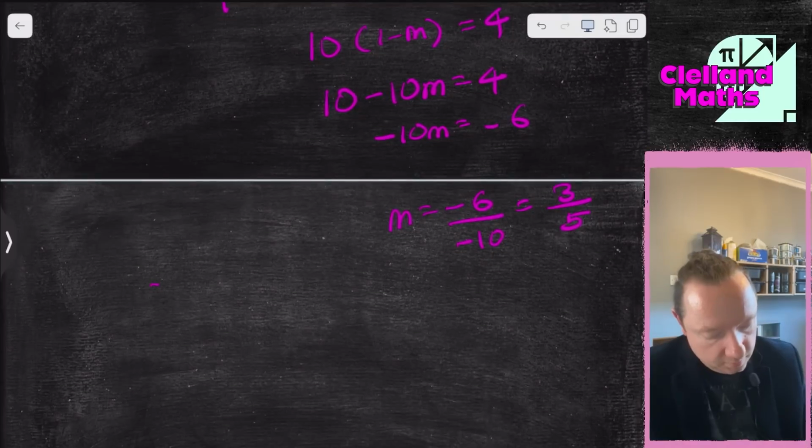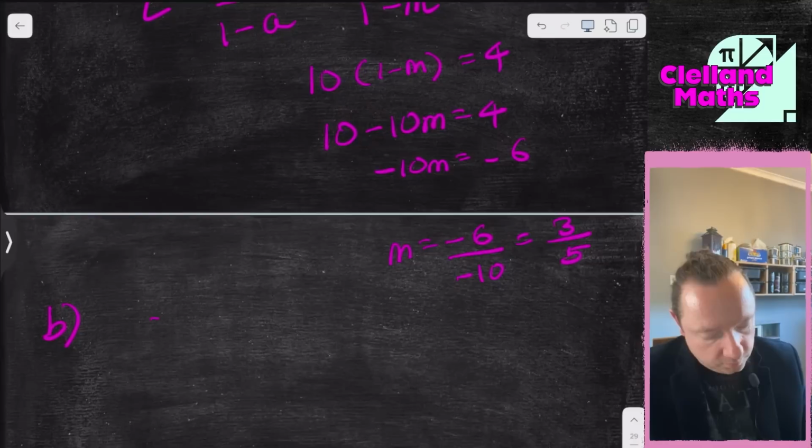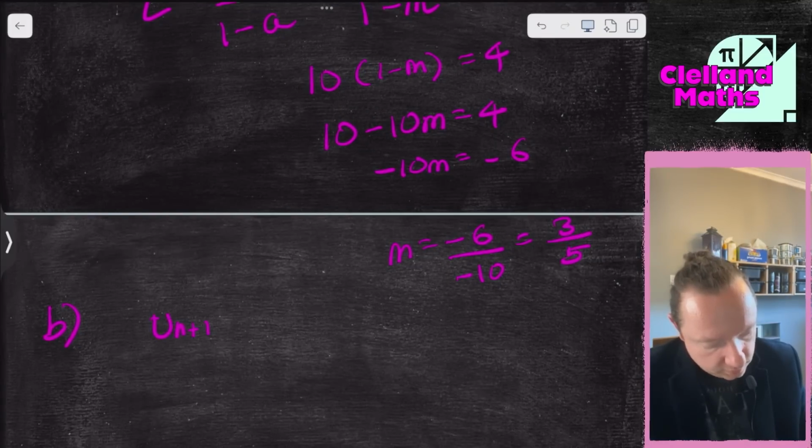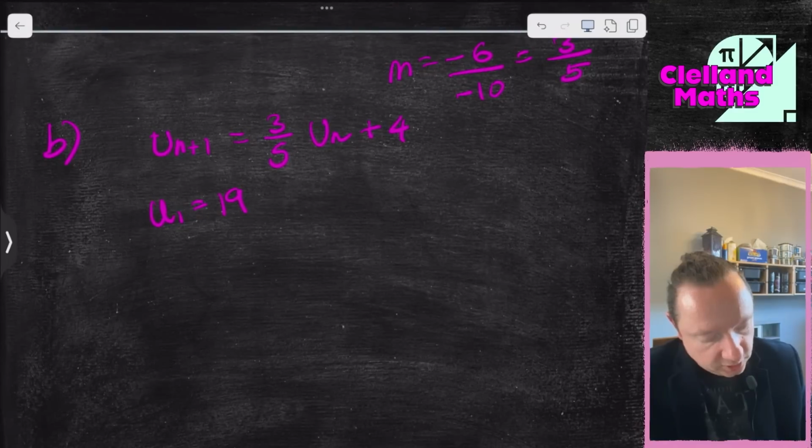So there's our m. Part b: u1 is 19, find u0. So u(n+1) equals 3/5 u(n) plus 4, and u1 equals 19. If I had u1 here, it would give me u2. If I've got u0 here, it will give me u1.